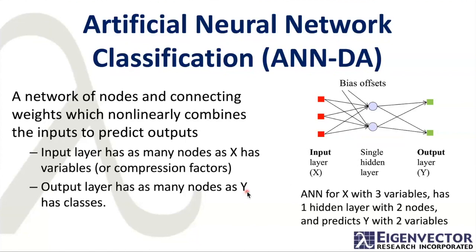There'll be an output variable for each class. But as usual in any of these methods, the classification ability will become more difficult as there are many classes. But there's no built-in limit.